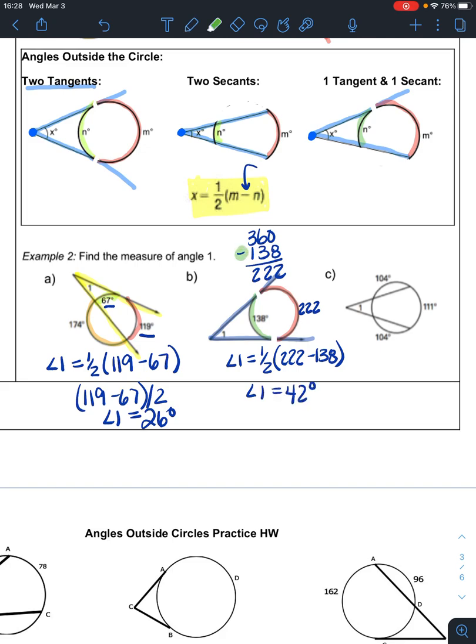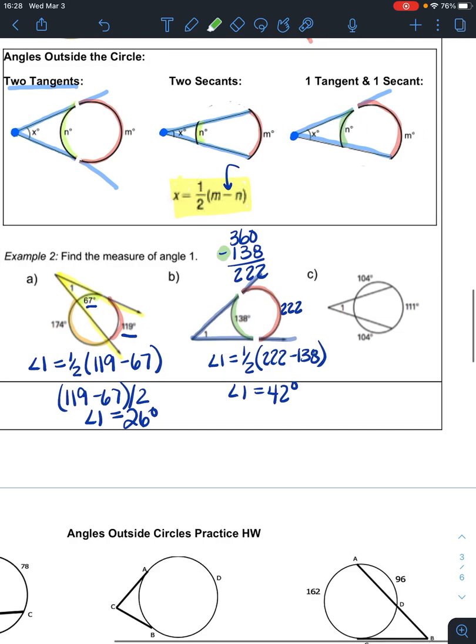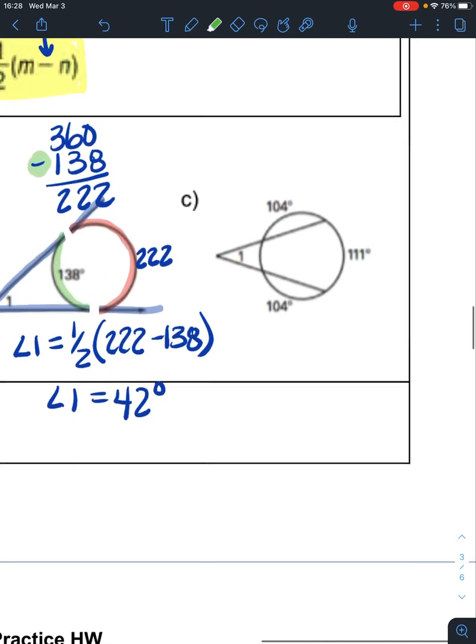Here's the biggest mistake that students make. They think because they subtracted right there that they should divide 222 by 2. But just because you subtracted doesn't mean that you subtracted the numbers that you were supposed to. I had to find that 222 first, and then 222 and 138, those are the numbers I'm supposed to subtract.